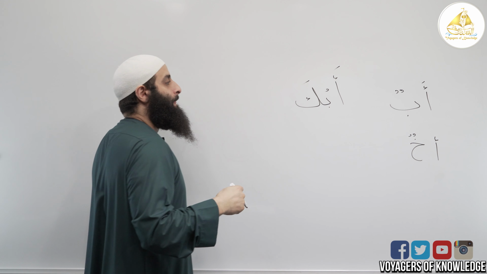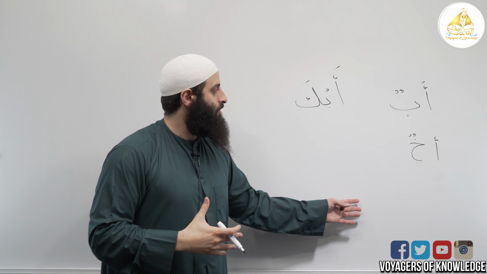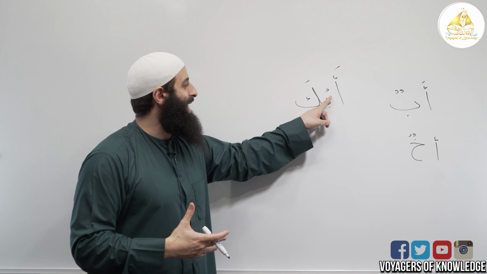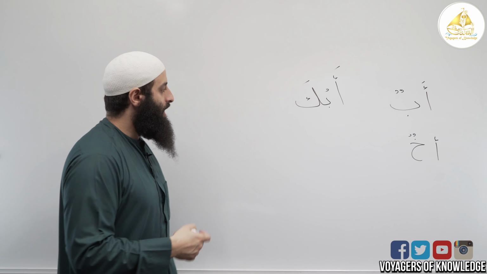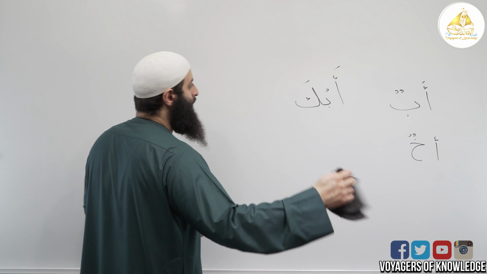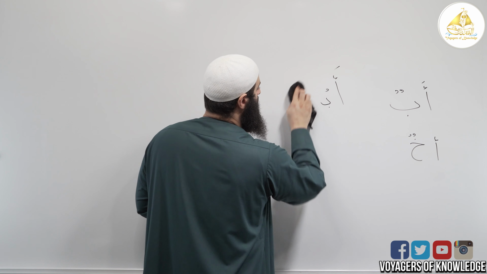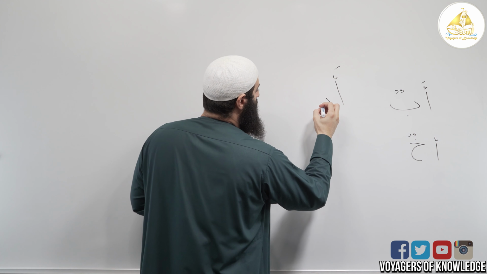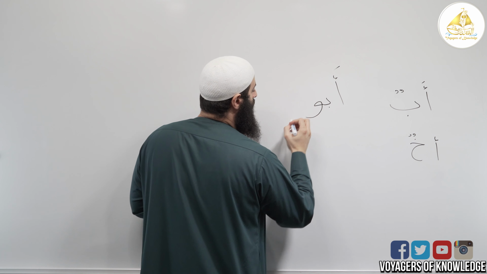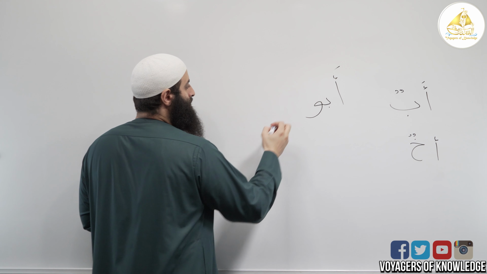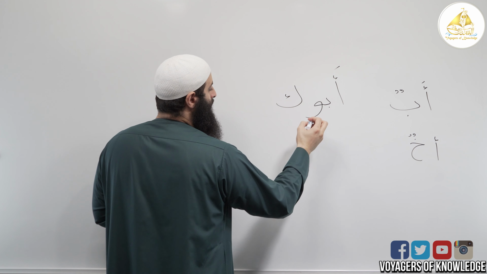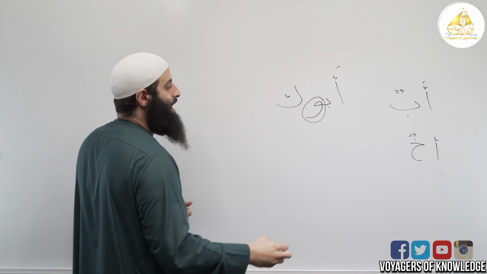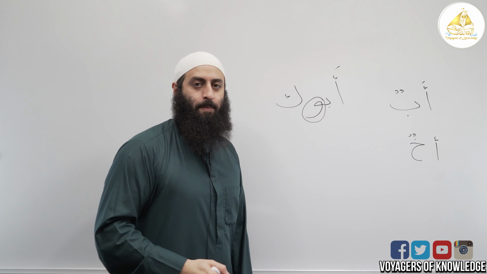You told us to attach the kaf to the word. Well, there are 5 words that when you attach something to them, something happens. You don't say abuka. What happens is you have to add a waw there. Abuka. And this symbol now is the symbol that it is marfu'.